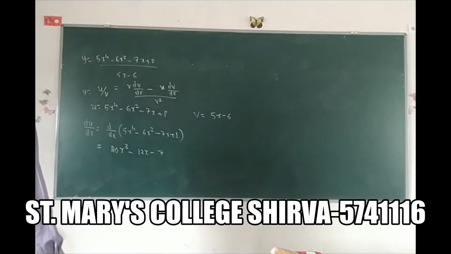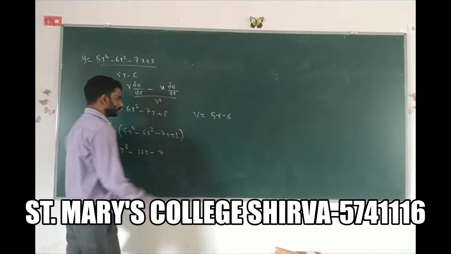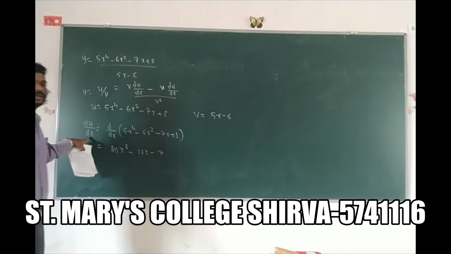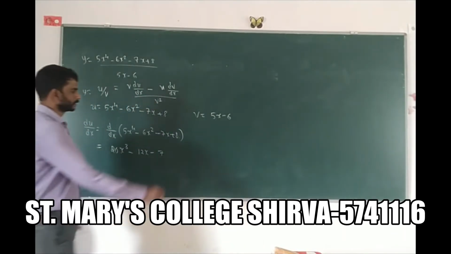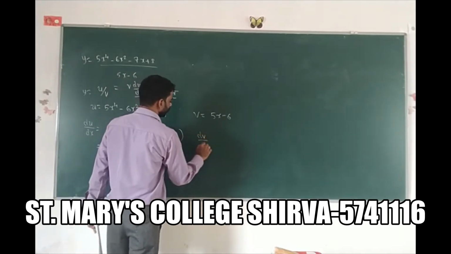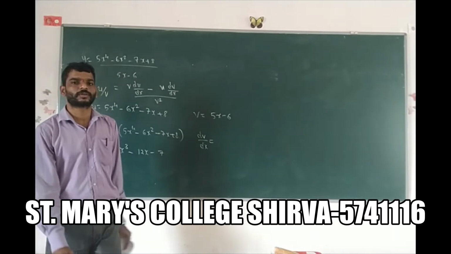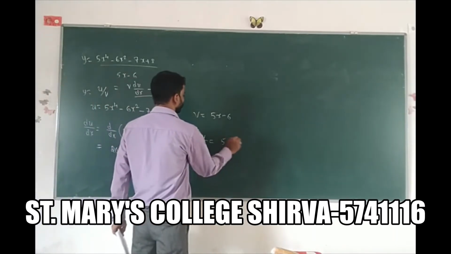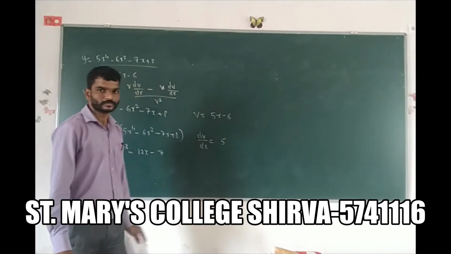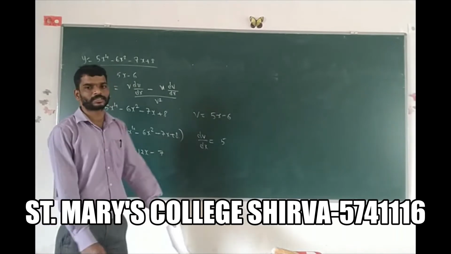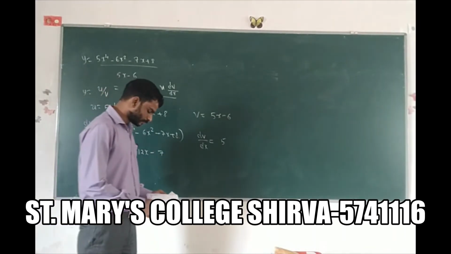So here 8 is the constant and its value is 0. So this is the value of du by dx. Now next we find the value of dv by dx. Here 5x, the differentiation of x is 1, so it becomes 5, and the differentiation of 6 is 0.